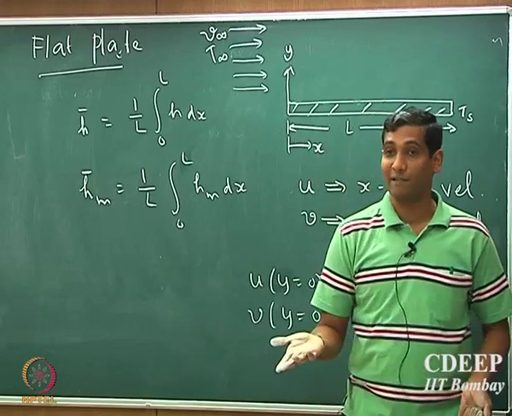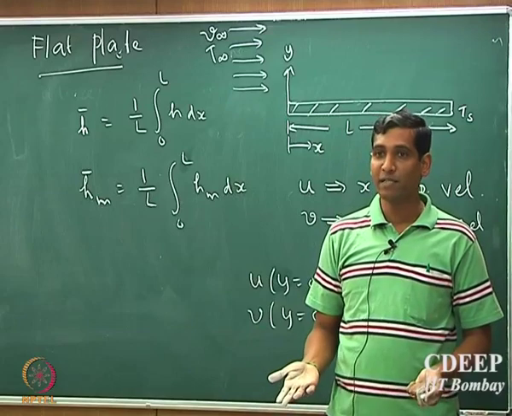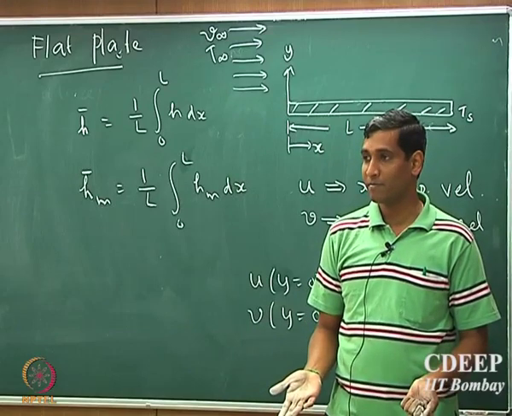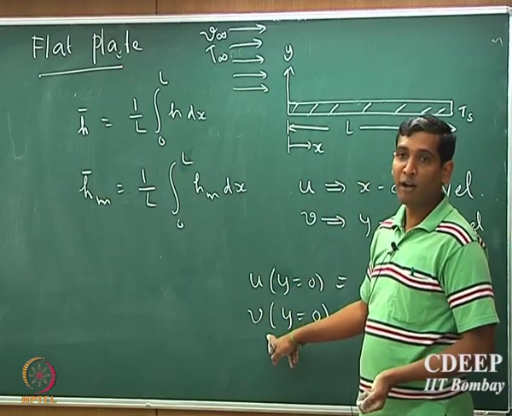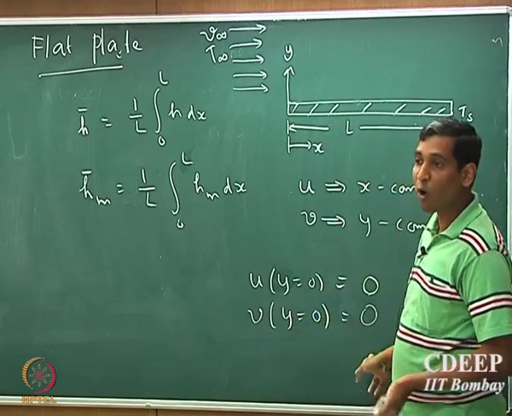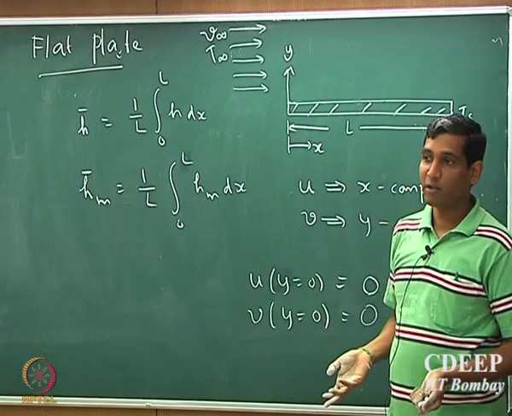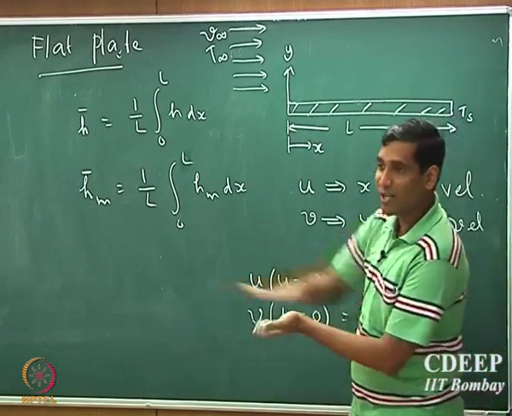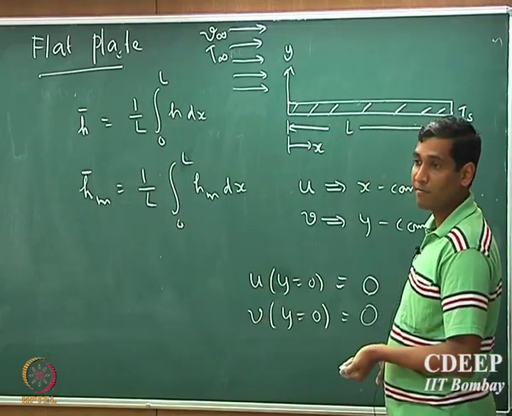So the fluid is at rest, and when fluid is resting, all the components are 0. So u and v, the x component and the y component velocity at y equal to 0, are always 0 because of the no slip boundary condition, right, because the fluid does not slip along the flat plate, and therefore the velocity is 0.